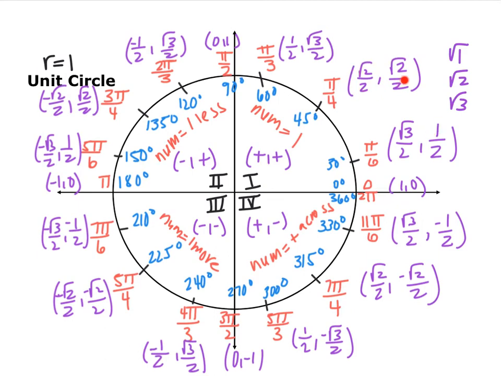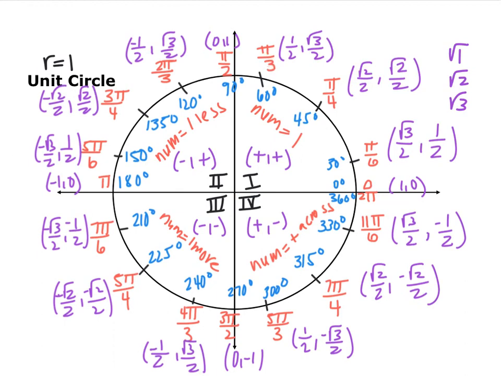For over 4s, you go the same distance x as you do y, so they're the same. And then for over 3s, you go out less than you go up, so your x is smaller than your y. So you have the same denominator, they're all over 2, and then it's just either √1, which is just 1, √2 or √3 for all of the numerators, and then they just repeat.